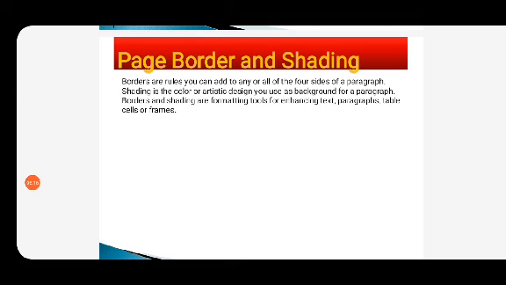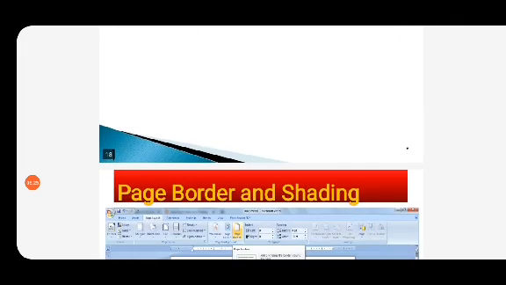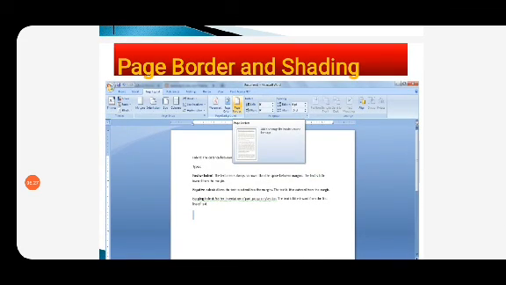So, borders and shading are formatting tools for enhancing text, paragraphs, tables, cells or frames. You can get this option in the page layout tab, and just nearby the watermark and page color you will get the option as page border under the page background group of the page layout tab.